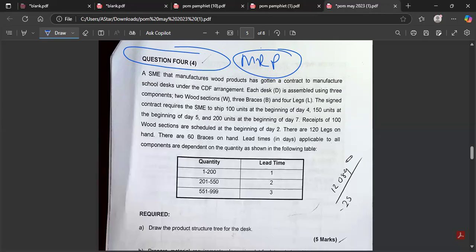Receipts of 100 wood sections are scheduled at the beginning of day 2. There are 120 legs on hand. There are 60 braces on hand. Lead times, in days, applicable to all components, are dependent on the quantity shown in the table below.